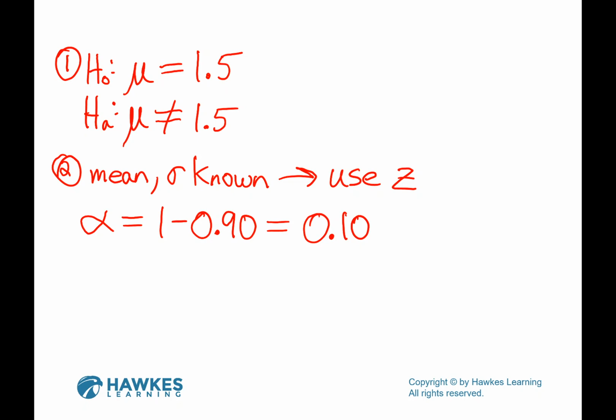Step 3, to calculate our test statistic, it works just like the other two. So I'm going to write my formula down, just so we can see what we're plugging in.